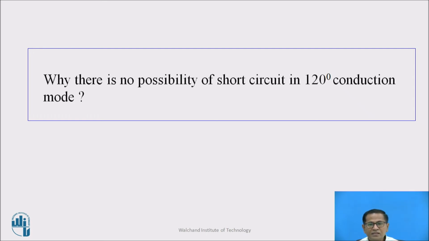Why is there no possibility of short circuit in the 120 degree conduction mode? Now, as we know, in mode 1, T6, T1 are in conducting state. The range of mode 1 is 0 to 60 degree. Now, between 60 to 120 degree, T1, T2 are in conducting state. In 120 to 180, T2, T3 are in conducting state. And in 180 to 240, T3, T4 are in conducting state.